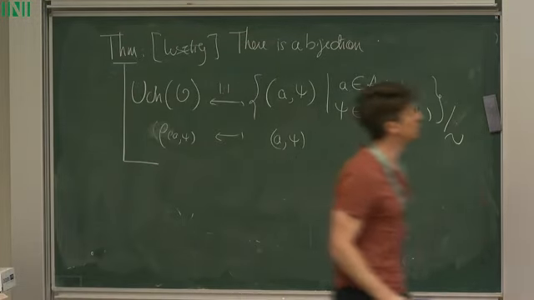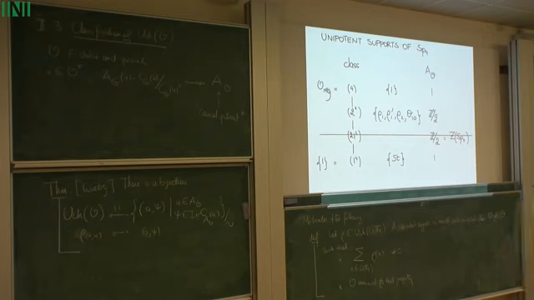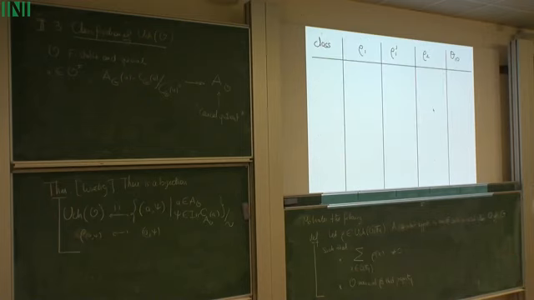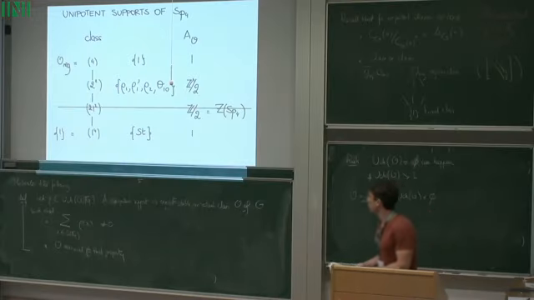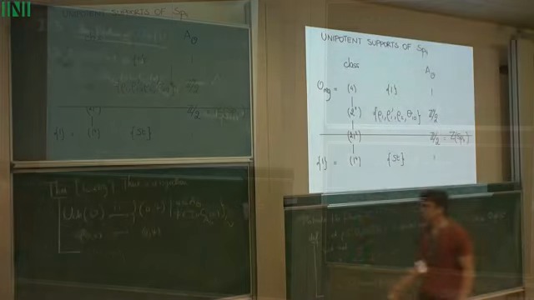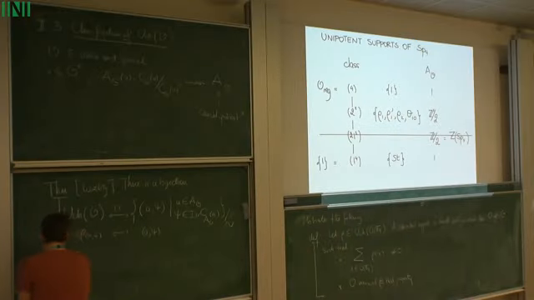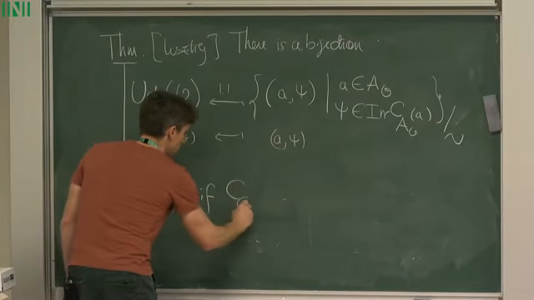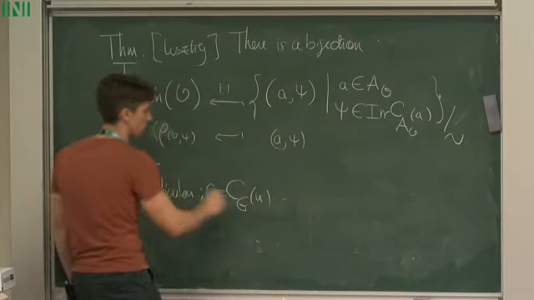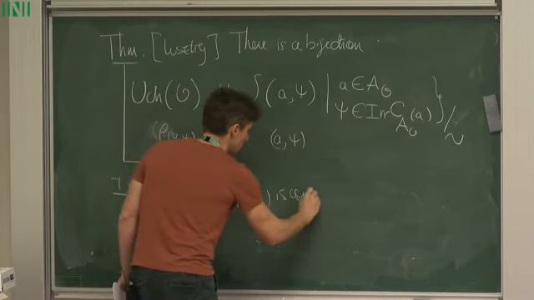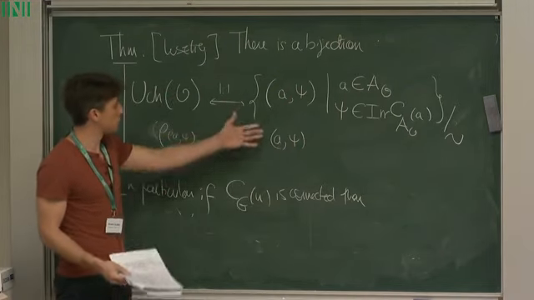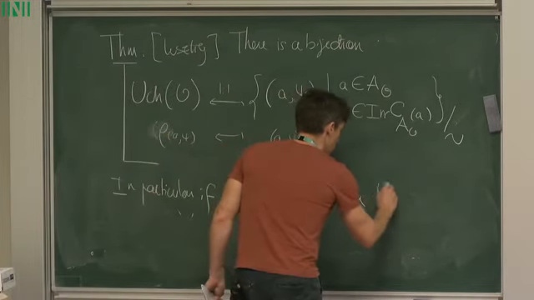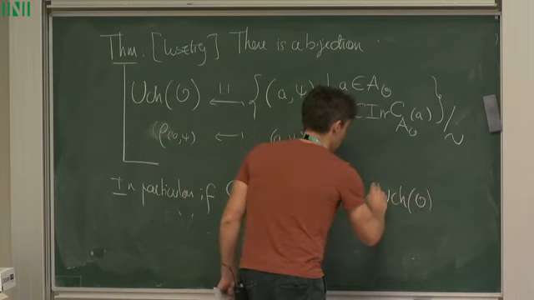Okay. So in particular, if you start with something which is connected, if the centralizer of u, being an element of O, is connected, then here you get only one element because you have a trivial group, and so you see H of O contains only one unipotent character.